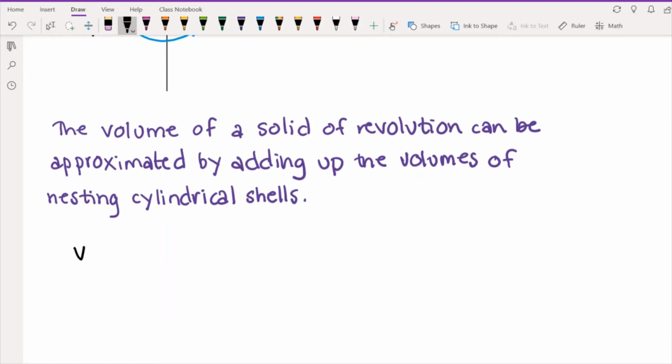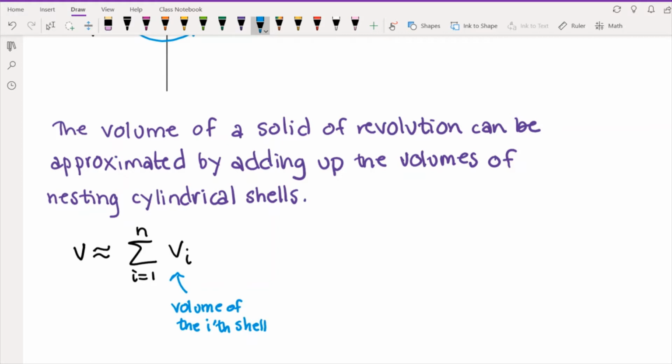So the volume would be approximately equal to the sum from 1 to n of V_i, where I'm using V_i to refer to the volume of the ith shell, right?